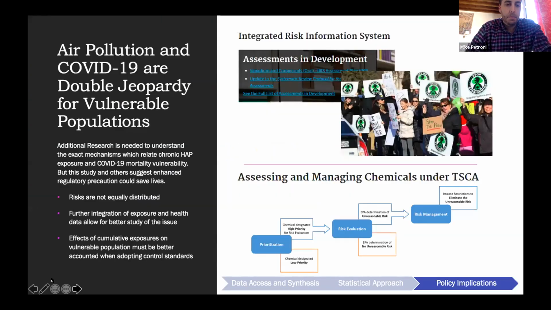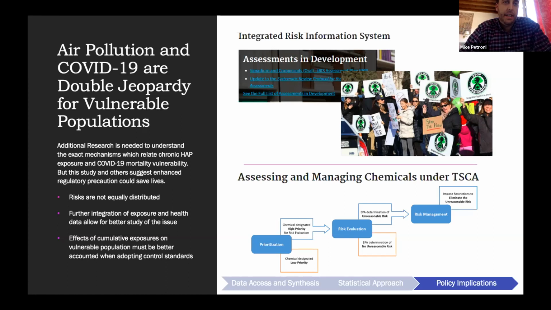So what we take away from this study is we see that where you live in the United States determines a lot about your health, and that this risk is not equally distributed, and it is very much distributed more heavily towards low income and minority populations.